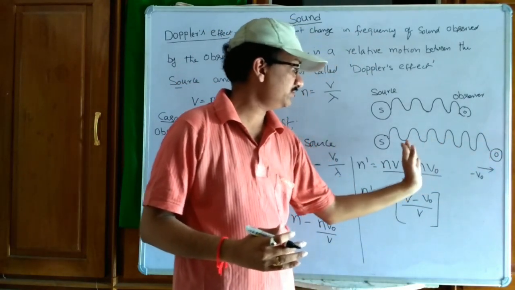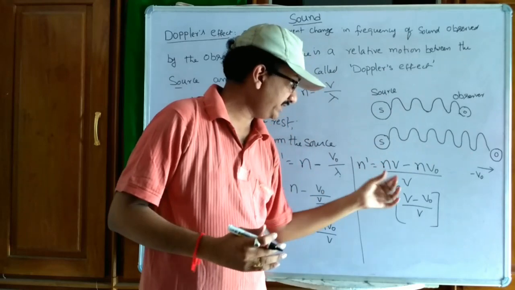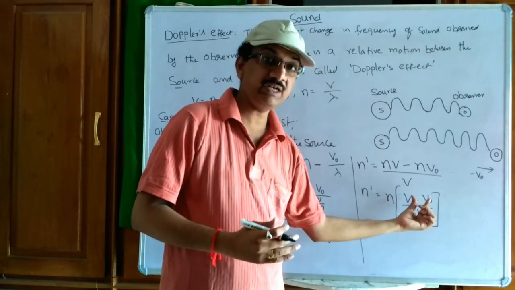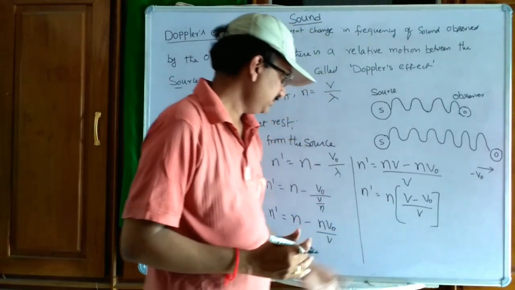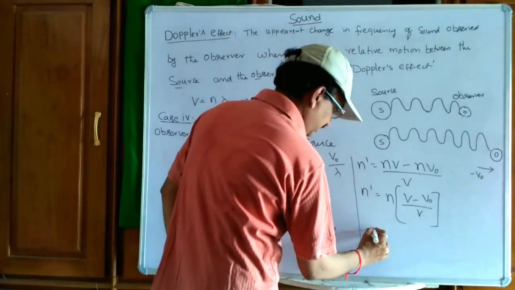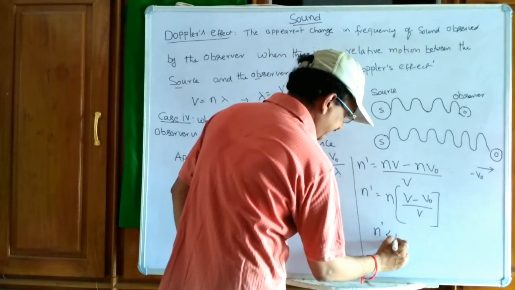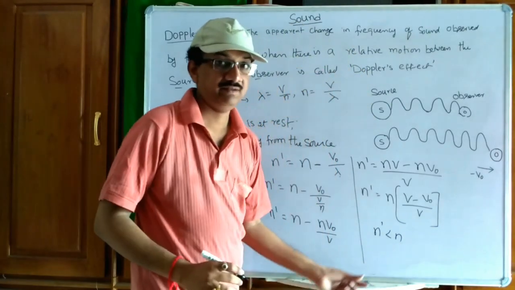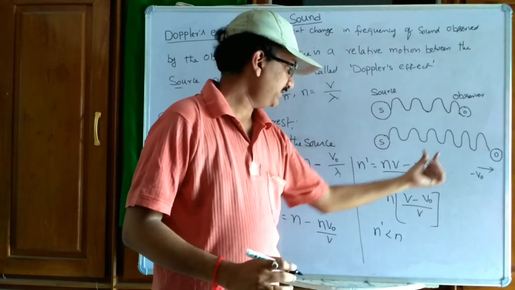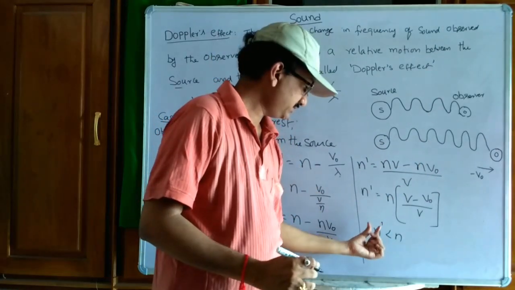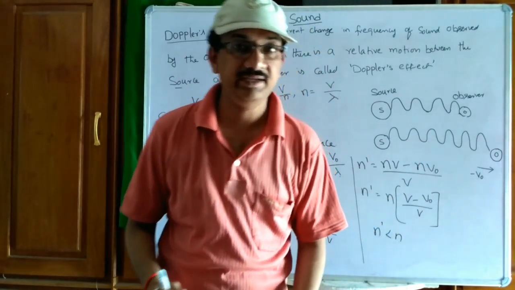If the observer moves towards the source, that is left hand side, that will be V plus V naught. So then n dash is less than n. The actual frequency is n. The apparent frequency is n dash. So n dash is less than n.